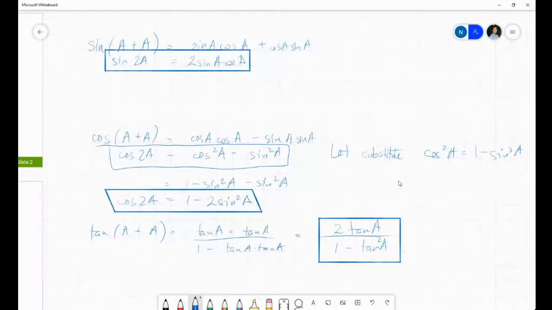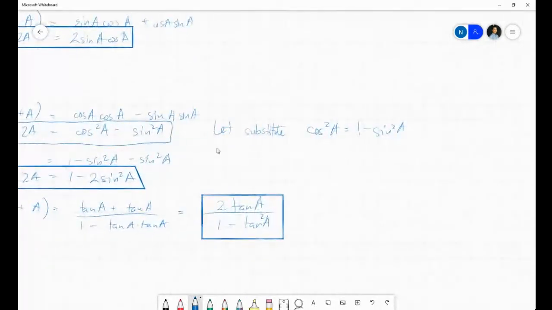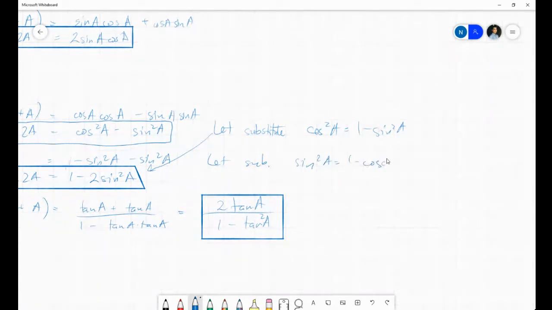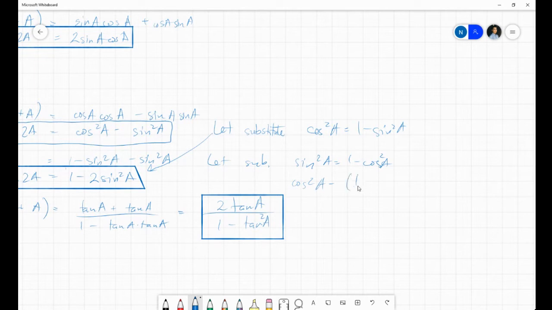So we can do the same thing, and let's substitute sine squared A for 1 minus cosine squared. So this time we'll have cosine squared A minus 1 minus cosine squared A. Distribute the negative. So we're going to have 2 cosine squared A minus 1.